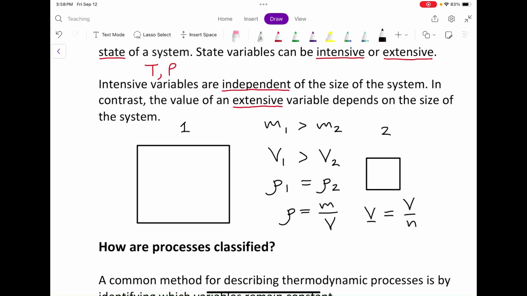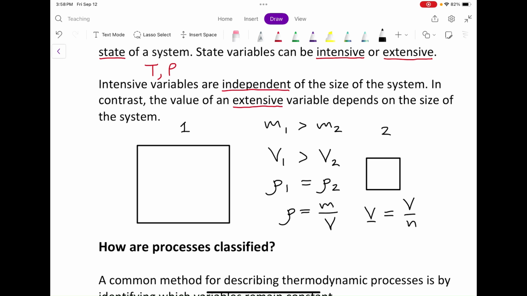So that's why intensive variables are very important. Temperature and pressure are very common, and that's just because they're very easy to measure. So I just wanted you to be aware of those as I teach you about this and draw this distinction between intensive and extensive variables.